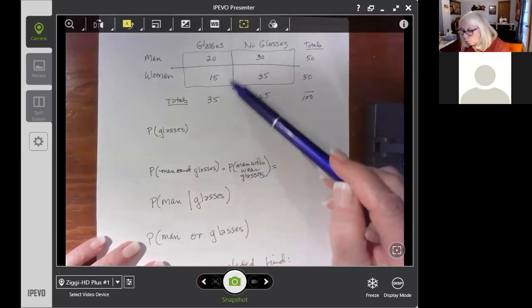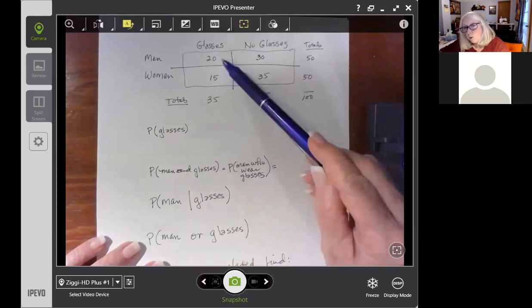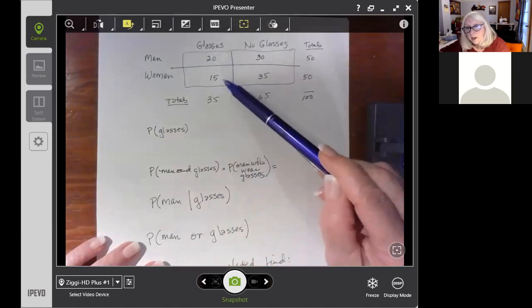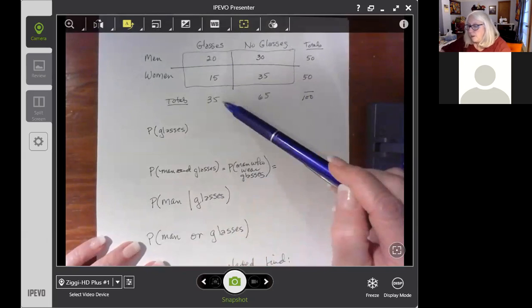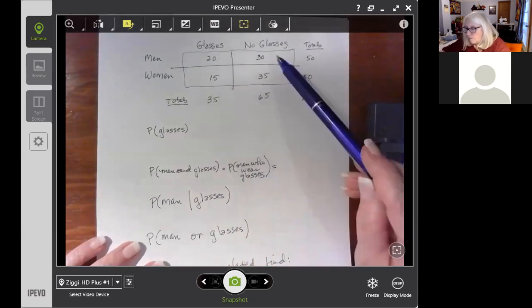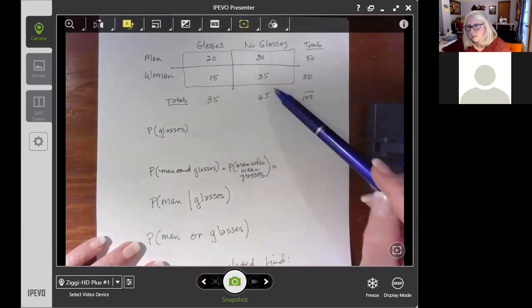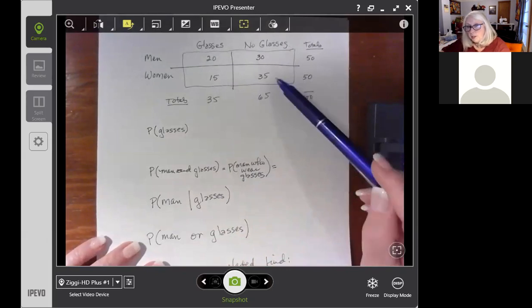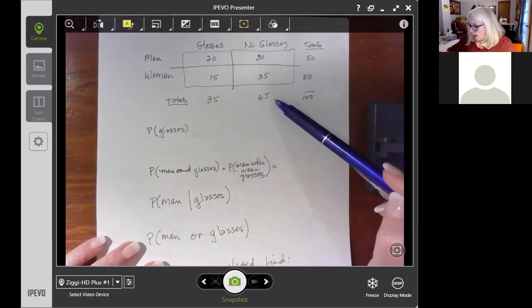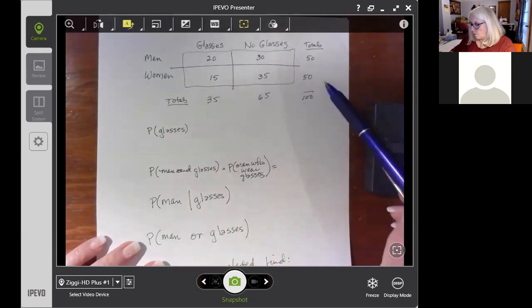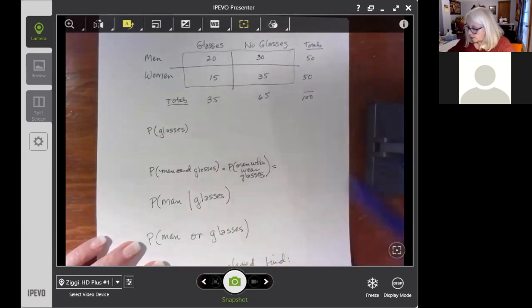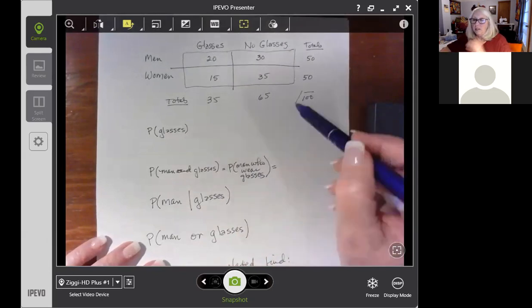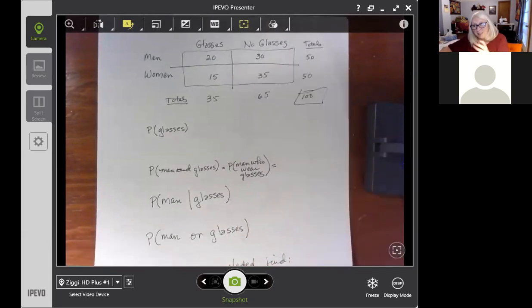There were 20 men that wore glasses, 15 women that wore glasses, for a total of 35 people wearing glasses. And then in this column, everybody doesn't wear glasses. And so there were 30 men who don't wear glasses, 35 women who don't wear glasses, for a total of 65. And then if you add up the row totals or the column totals, you get the grand total. And in this case, it's 100. Because, of course, I made one that had really simple math.